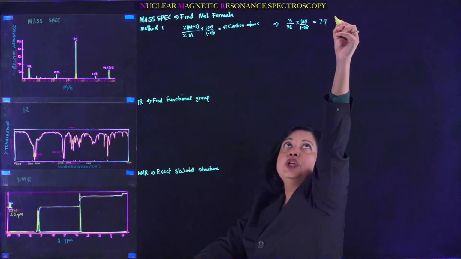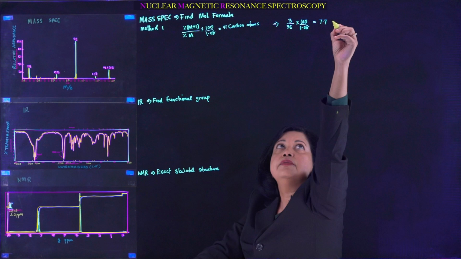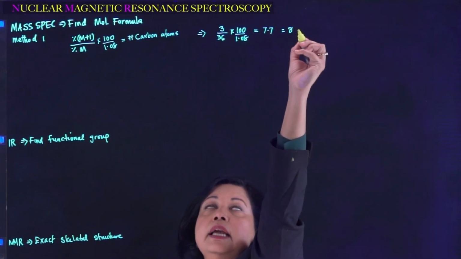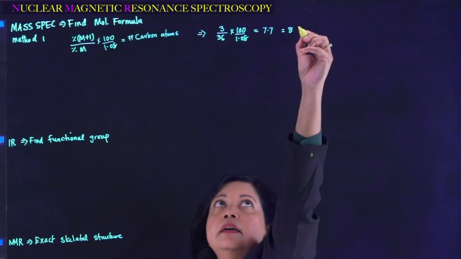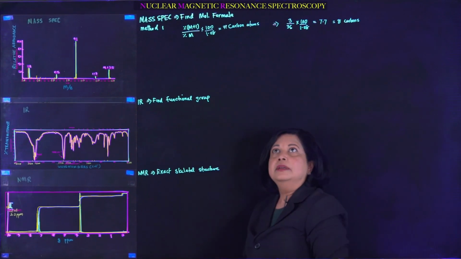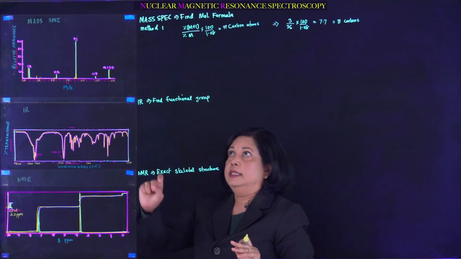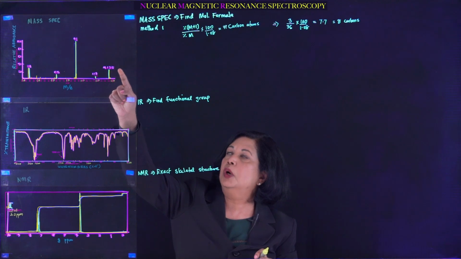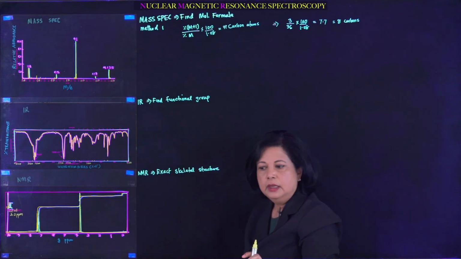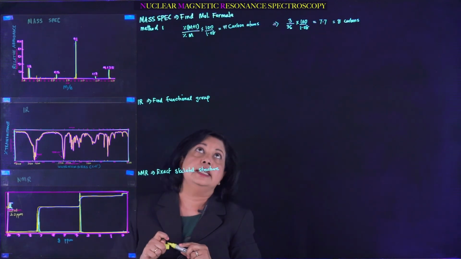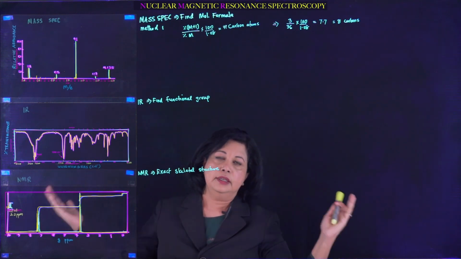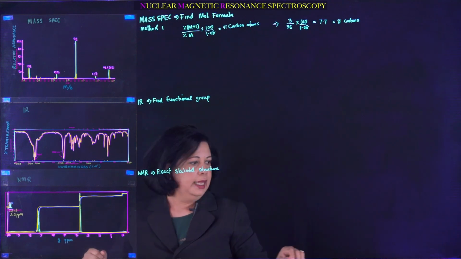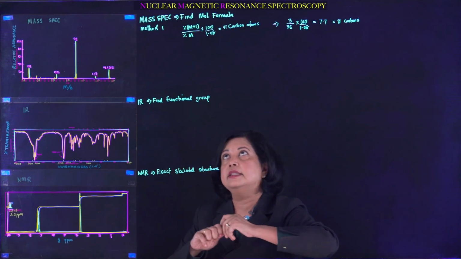Obviously it can't be a fraction, so that's going to be 8 carbons. That seems like a very large number for 8 carbons, 136, because 8 carbons would just be 96, and you can't have 40 hydrogens.